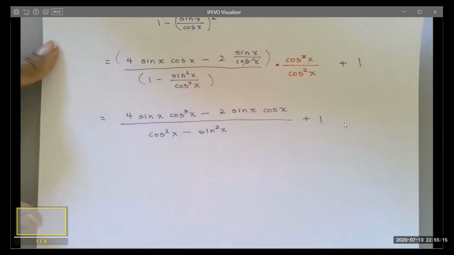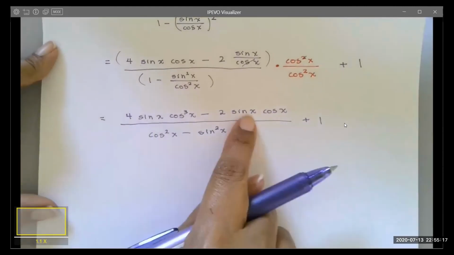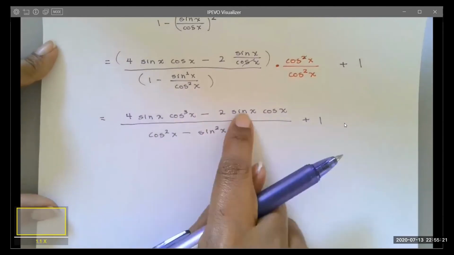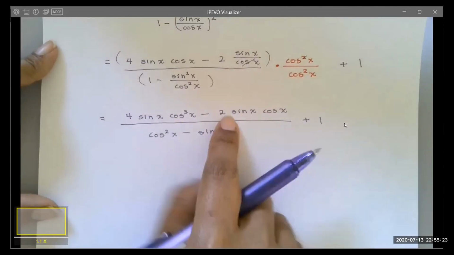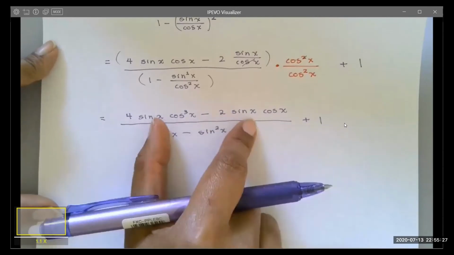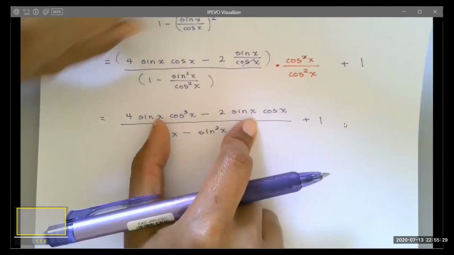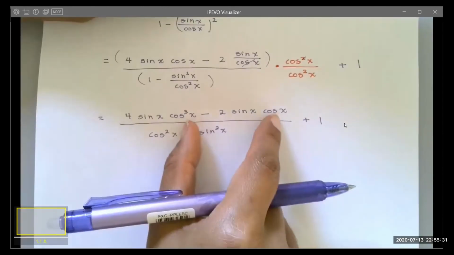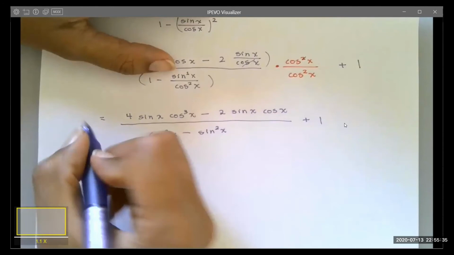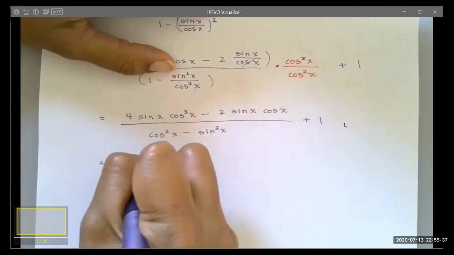Well, I noticed that these two terms have a greatest common factor of 2 because of the 4. So the greatest common factor between 2 and 4 is a 2. The greatest common factor between sine and sine is sine. And the greatest common factor between cosine cubed and cosine would be a cosine. Okay, so I'm going to factor that out and see if it helps me simplify anything at all.